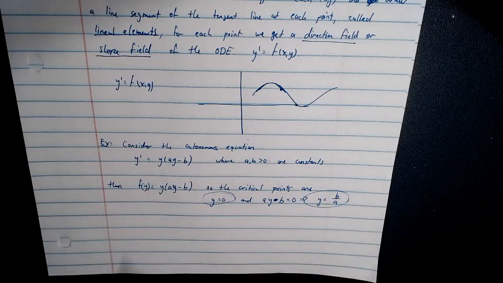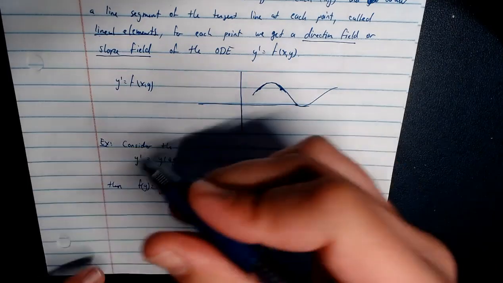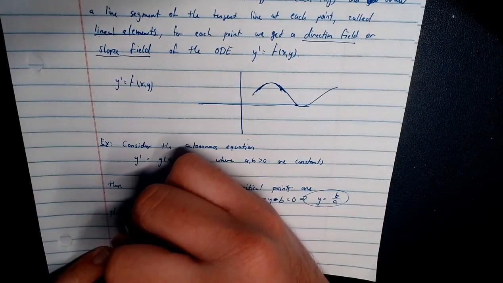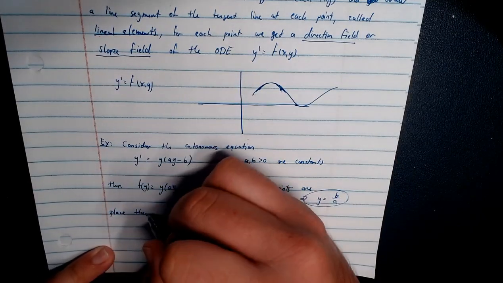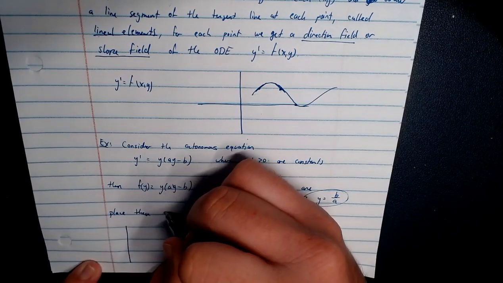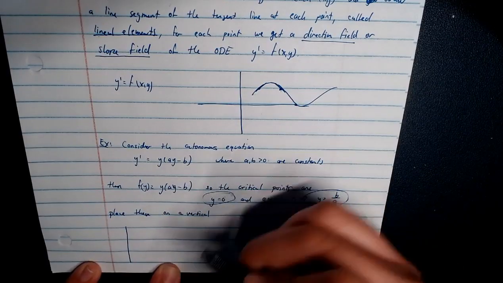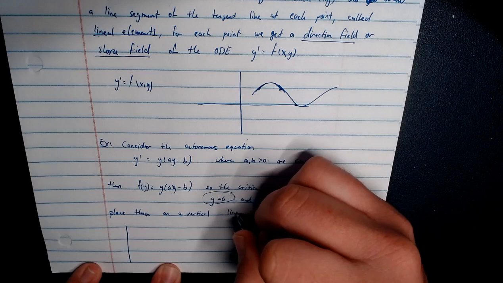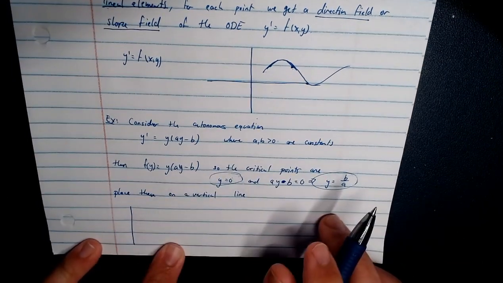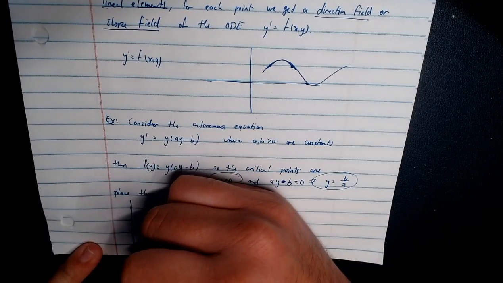But we can say a lot more than that. Let's go ahead and place these on a vertical line. A vertical line? What vertical line? Well, a vertical line. Place these on a vertical line. Kind of like a number line, but it's going to be up and down. Wait, I thought number lines were always left and right. Well, usually they are, but we've seen one place where number lines are vertical.